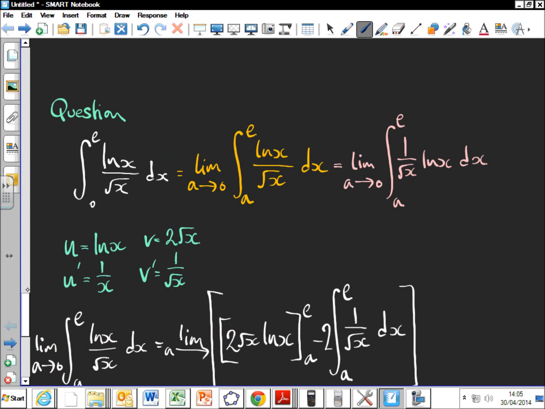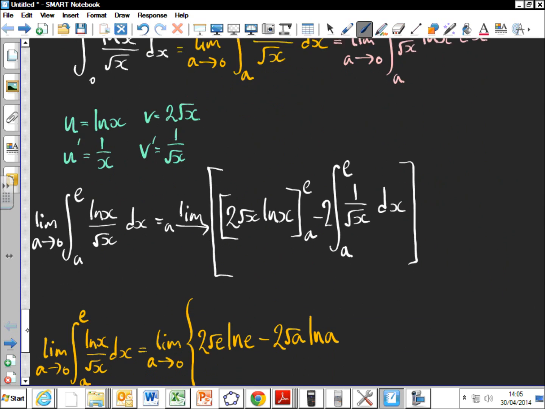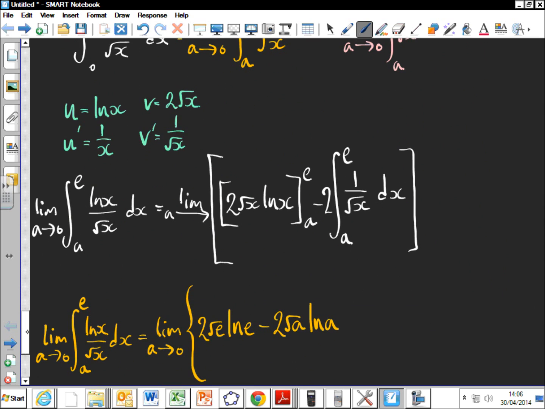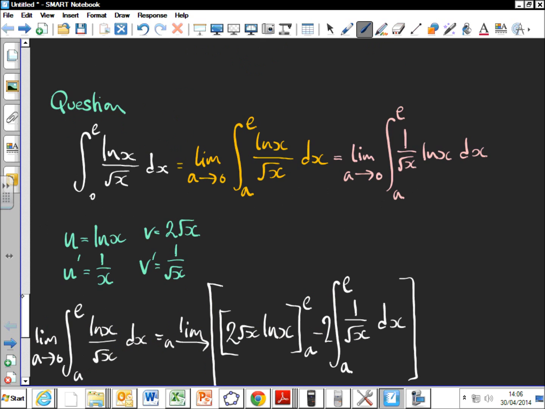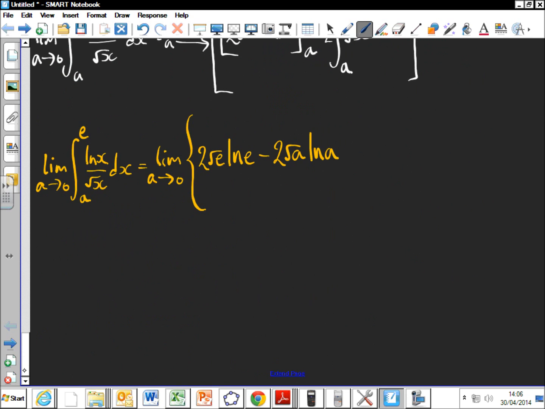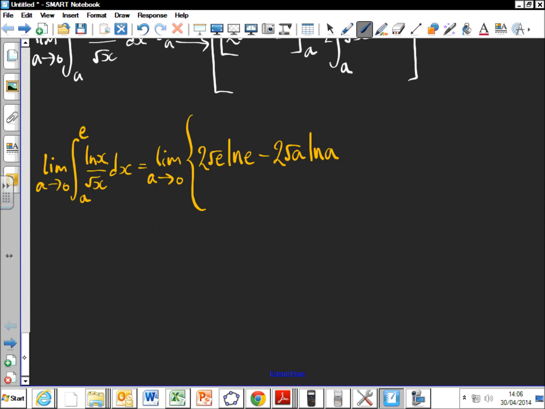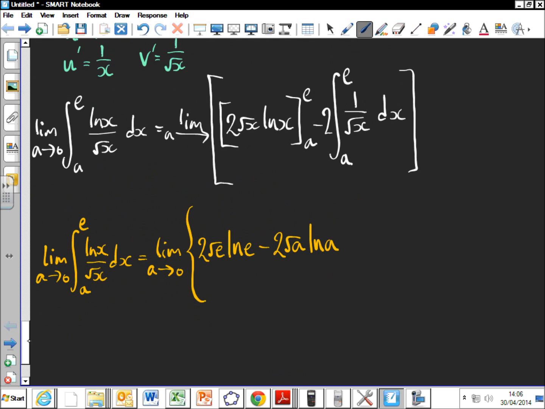Well, you've already done it, haven't you? Yeah. When you integrated 1 over root x, we got 2 root x. So this is going to be minus 4 root x, right? Do you agree?